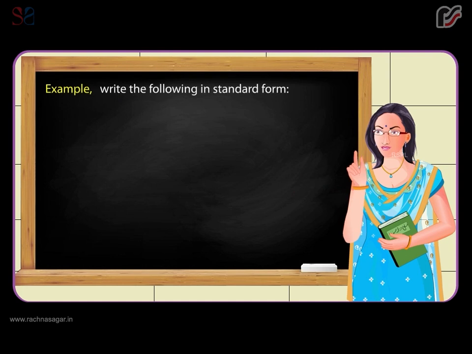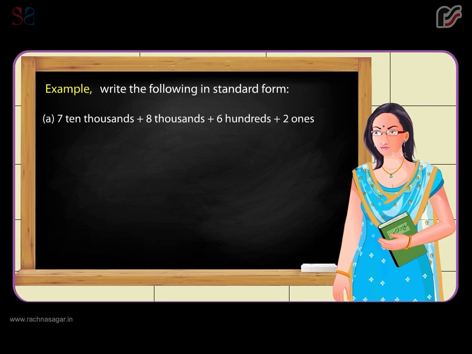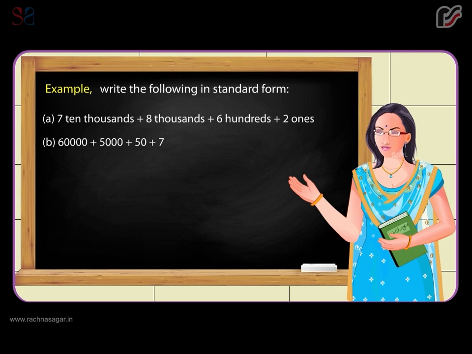Example, write the following in standard form. A. 7 10,000s plus 8 1,000s plus 6 100s plus 2 ones. B. 60,000 plus 5,000 plus 50 plus 7.